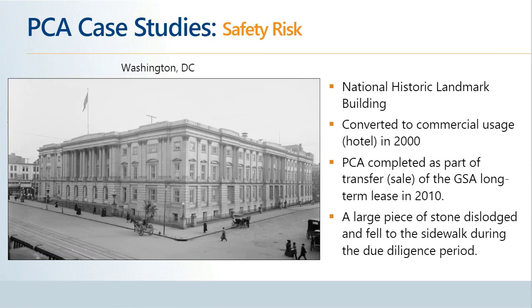It's actually a property that is registered as a National Historic Landmark building, and it previously served as the United States General Post Office in Washington, D.C. After a relatively long period of government office usage, the property was, for a brief period of time, taken out of service or mothballed, but was ultimately converted to commercial use as part of a long-term lease negotiated with the property's actual owner, which is the GSA, or General Services Administration.